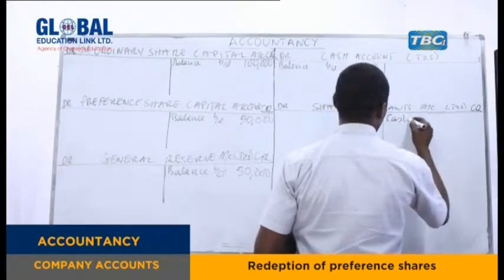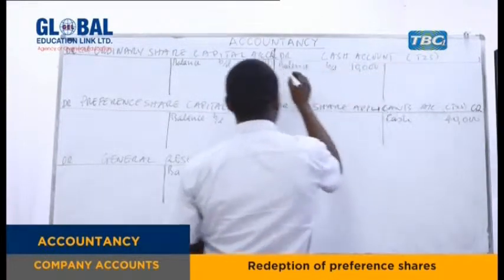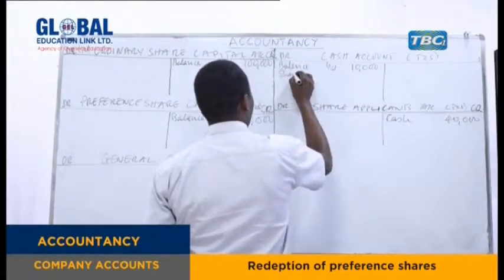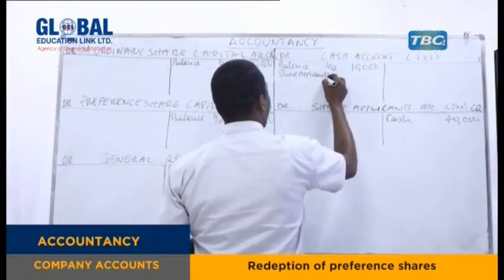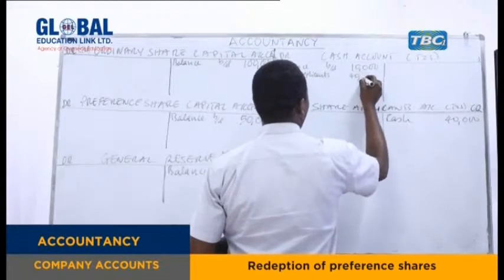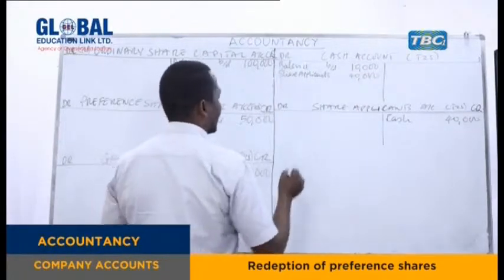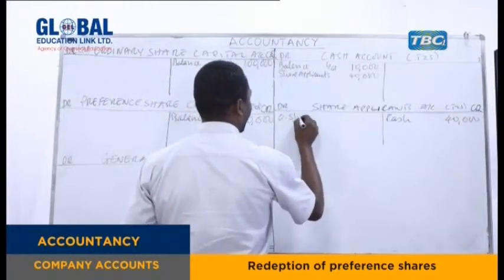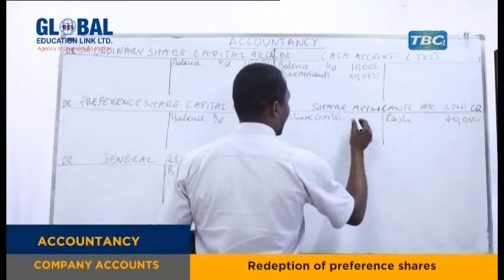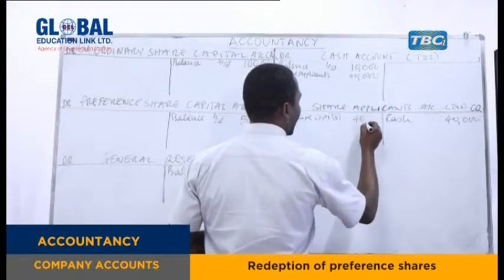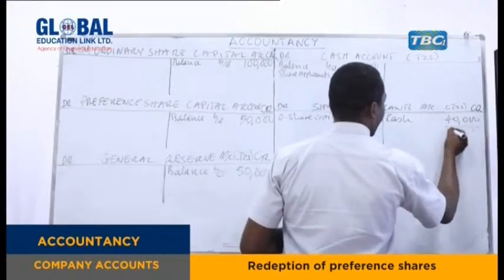We call it cash. So we received 40 from them. So from share applicants, 40. Okay, so we transfer these to the ordinary share capital account, that will be 40. So we close this account.